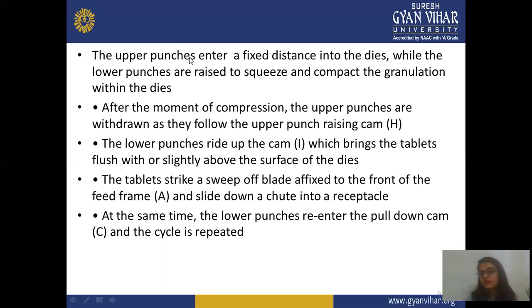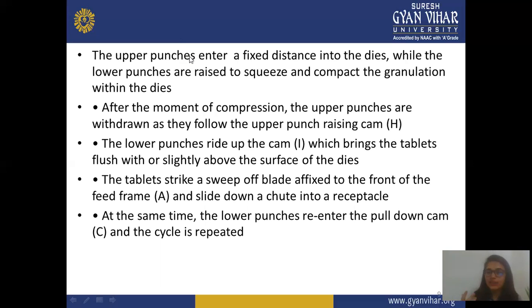After this H part it goes to the I part, which brings out the tablet fresh, slightly above the surface of the die. When the tablet comes out of the tablet machine, it strikes the blade, affects the front of the feed frame, and slides down the chute, that is acceptable. At the same time, the lower punches re-enter the pull down and cam C, and the cycle is repeated.